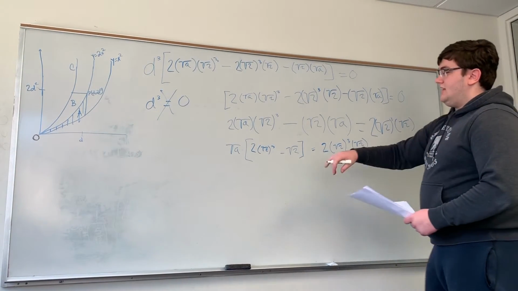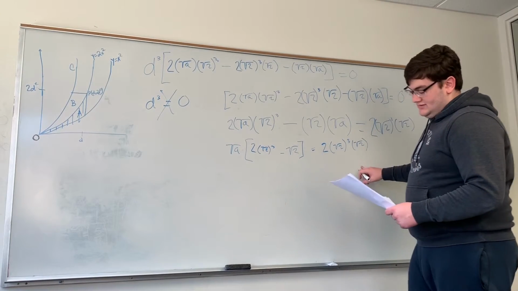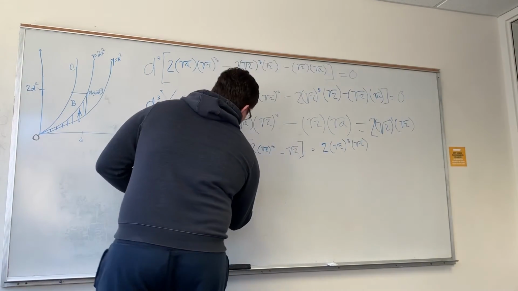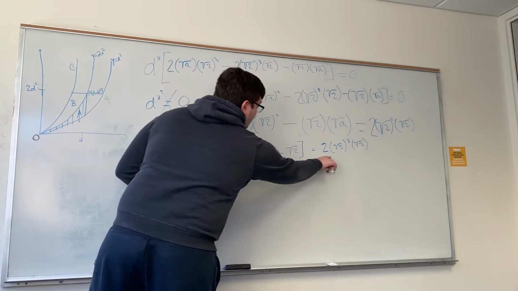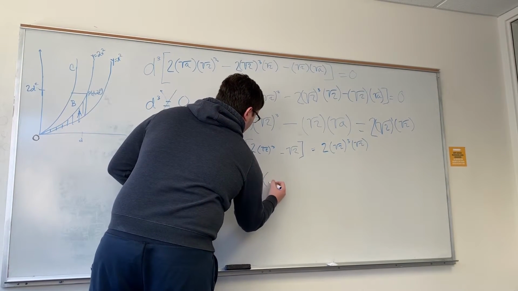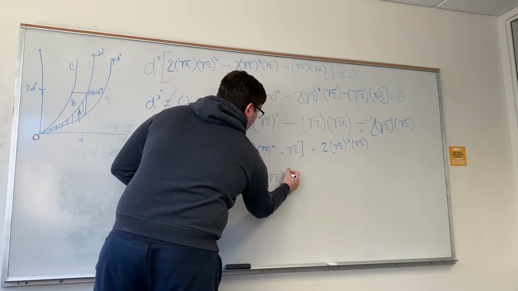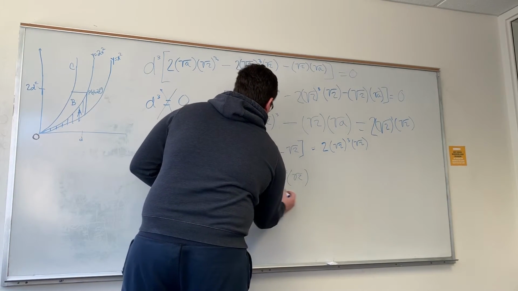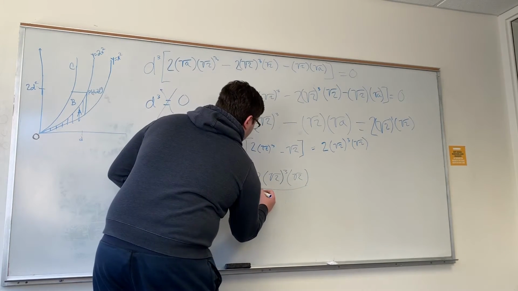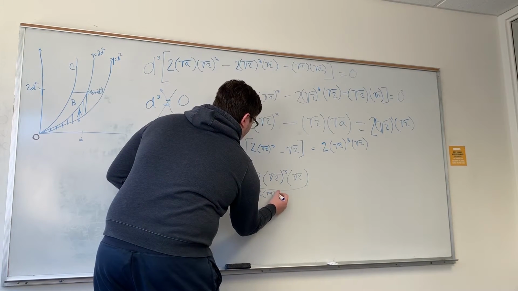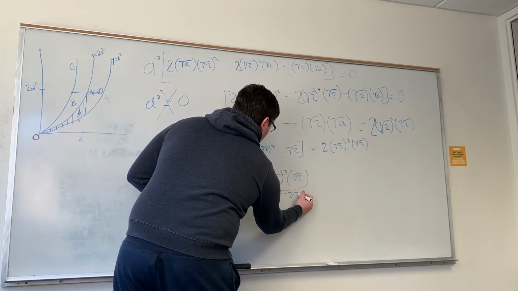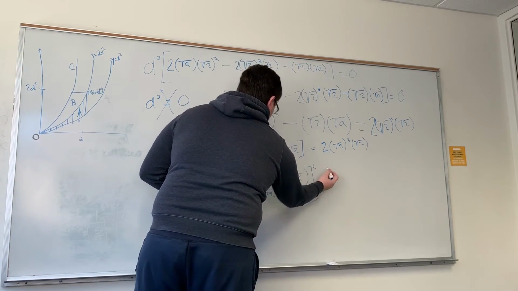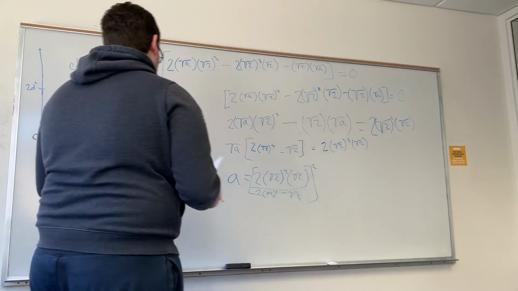All right, now we just isolate a, so we're going to divide all of this over to this side, and we're going to square both sides and solve for a. So a will equal this over this, all of this squared.